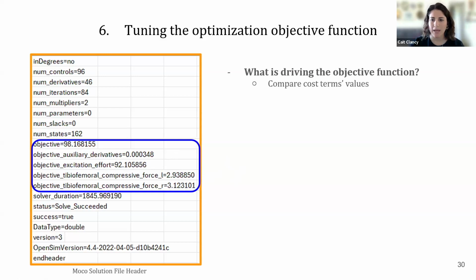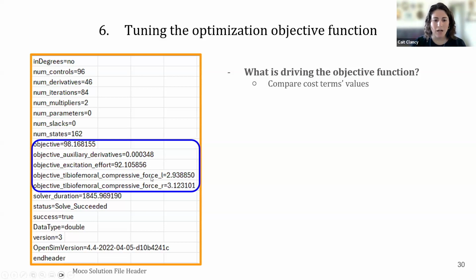So we can compare the cost term values to each other and see how much of the objective function they're taking up. So for example, we can see that for this objective function, our excitation and actuator term is basically entirely taking up the objective function, which is exactly what we want, because we believe that that is physiologic. That's creating a physiologic simulation.